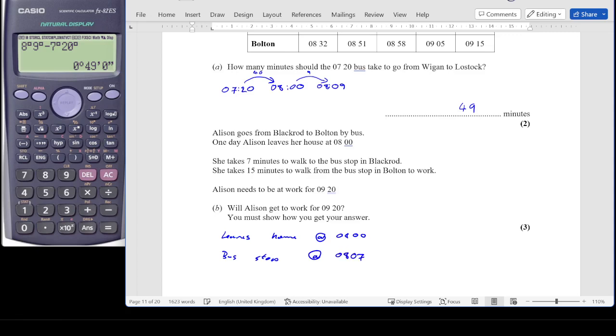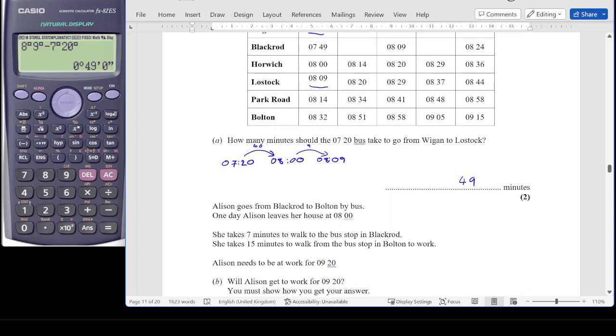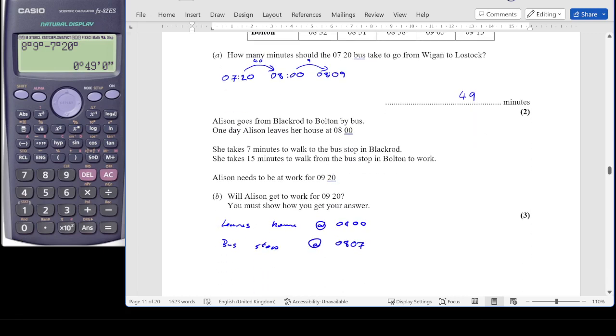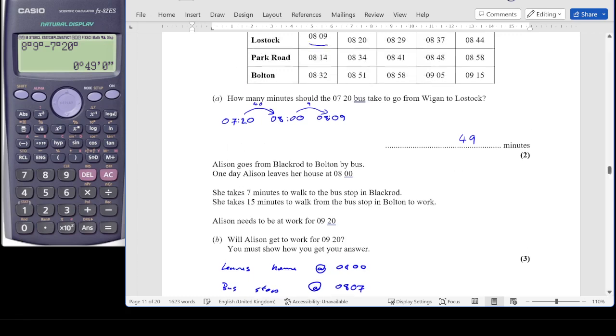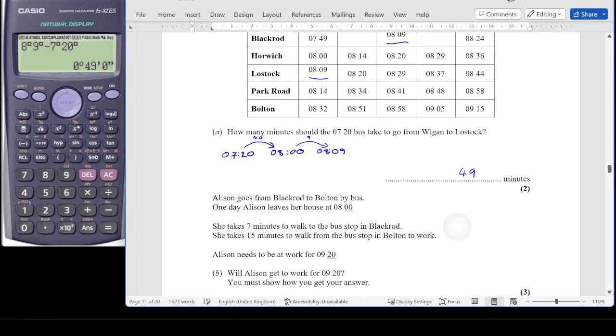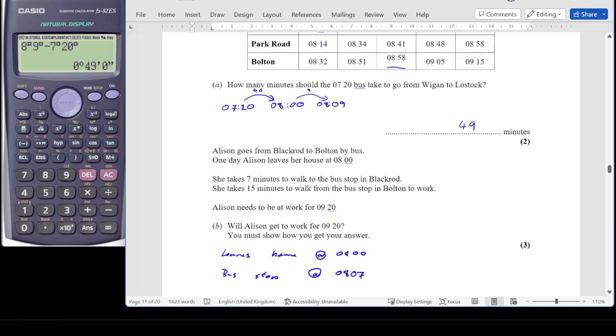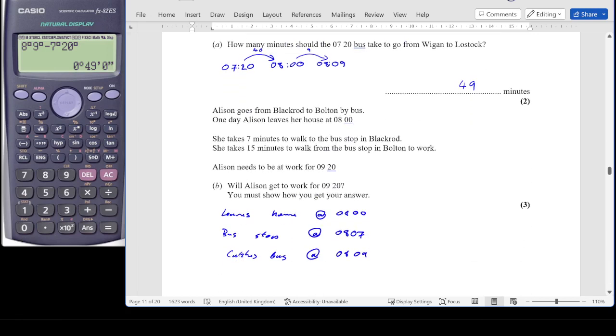So the earliest she can catch the bus from Blackrock would be 9 minutes past 8, and she would be able to get that. So she catches the bus at 0809, and that bus would arrive at Bolton at 0858.